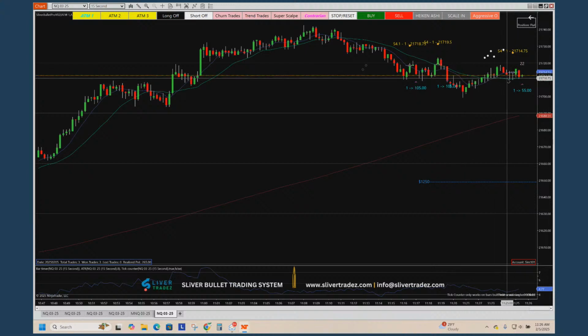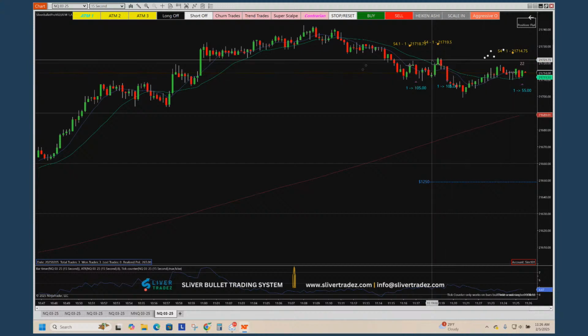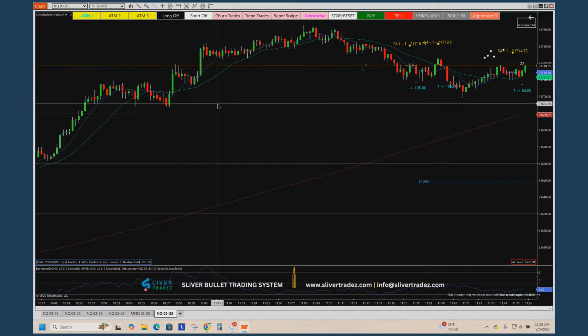So there is a flatness here. The 21 SMA is flat, and as you see in the flat market, I try to avoid. And again, my trade was counter trend, so I tried to close it quickly.